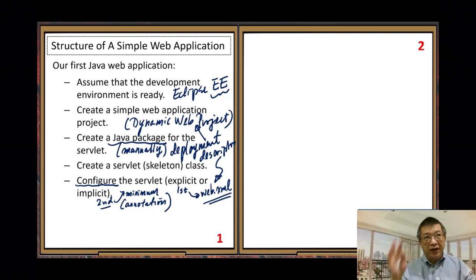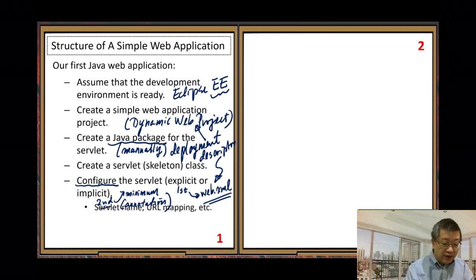We will practice both of them, and then later we will compare. All right. So here, in this line, you can see we need to provide the servlet name and the URL mapping pattern, because we need to do URL mapping, etc.